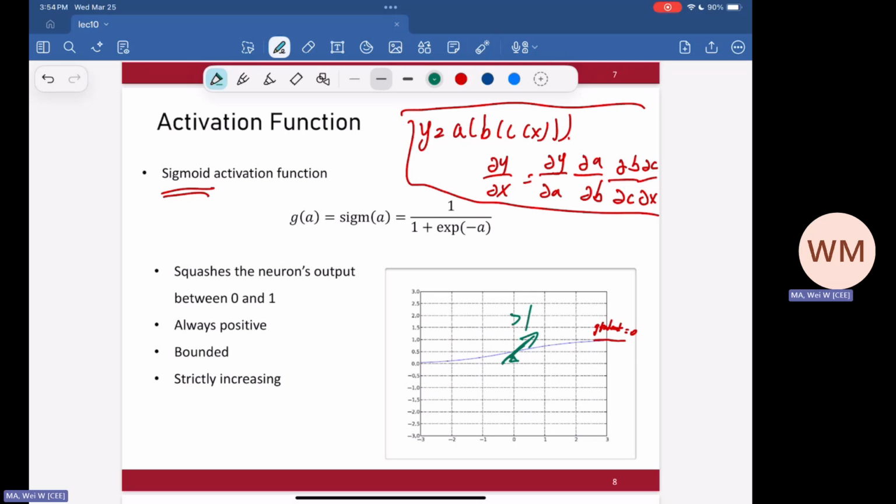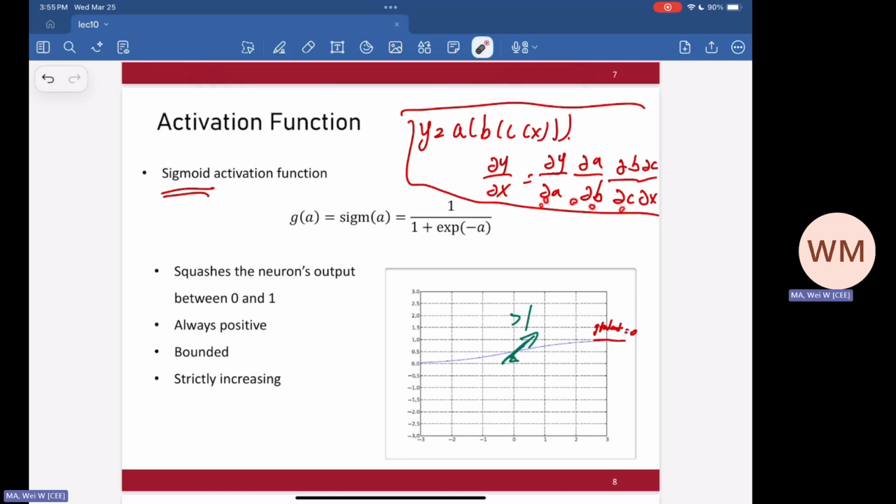If every time the gradient is greater than 1, then it will grow very quickly and become a super large number. We call this gradient explosion. Both can happen, depending on the activation function of your neural network.